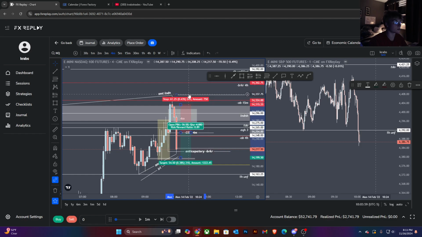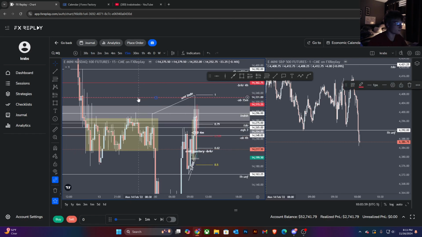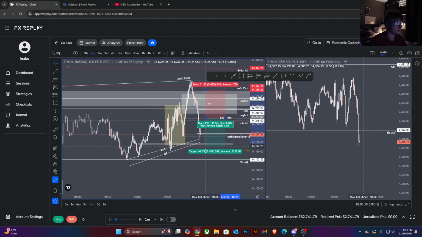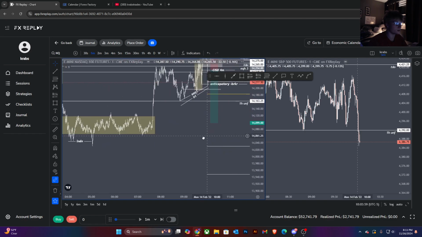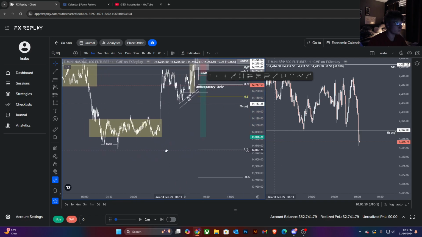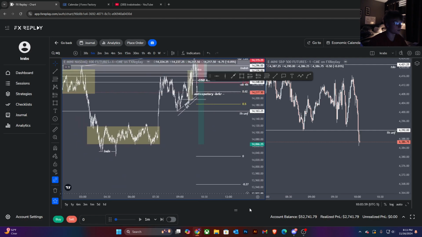Damn, stop loss is crazy. But yeah, this does look good. Hourly unfilled. And then accumulation lows here, as well as daily sell side runners.